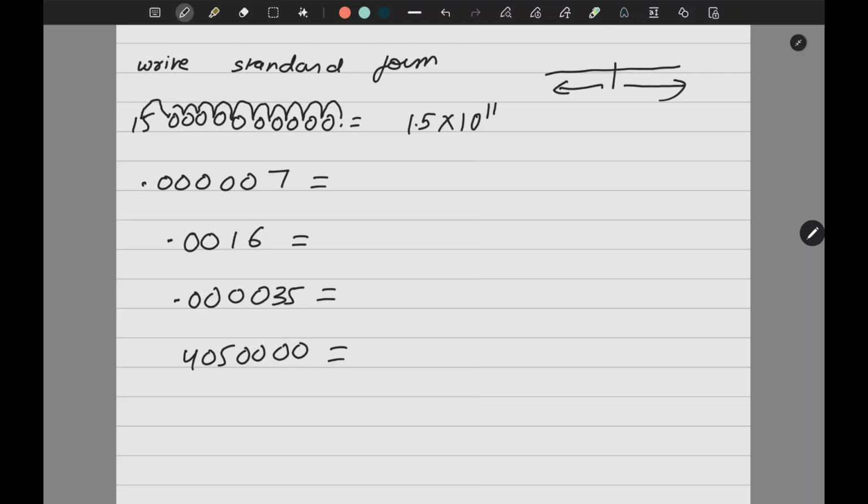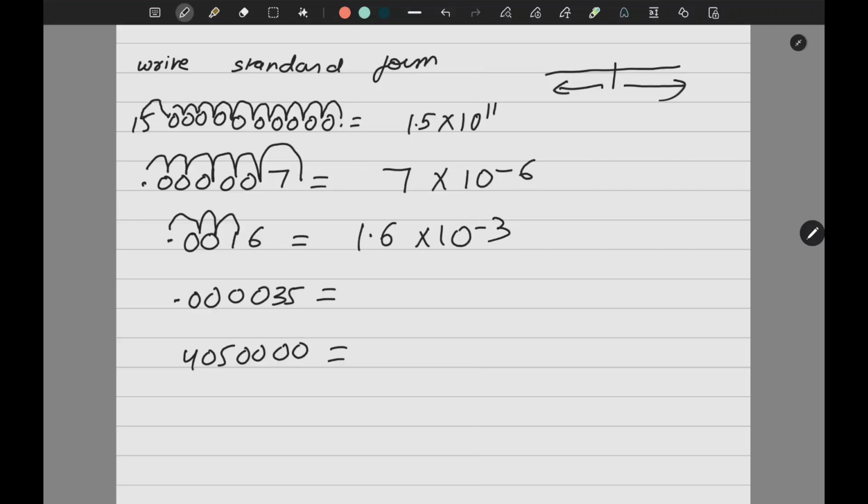Now the next question is this. How many jumps do I have to do? 1, 2, 3, 4, 5 and 6. So I'll have 7 into 10 to the power minus 6 because I am moving towards positive. Now next one, it will be 1, 2, 3. So 1.6 into 10 to the power minus 3.